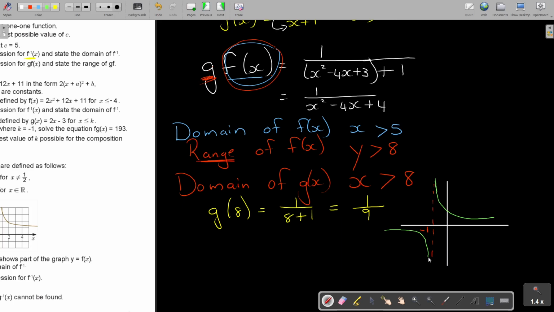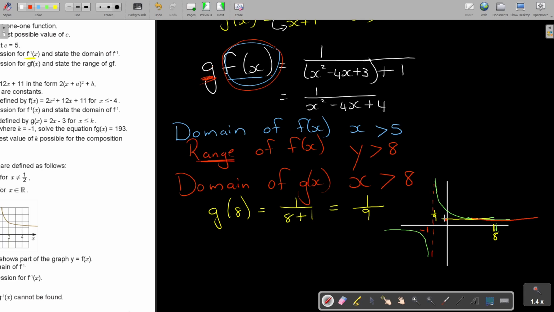So what do I have now? It's not going to cross there. So at 8, it's going to be there, 1 over 9. If you have 8 there and you're moving on, because it's bigger than 8, do you see? It's bigger than 8. It's just going to be towards 0. So it's that little bit, but it's not crossing 0.